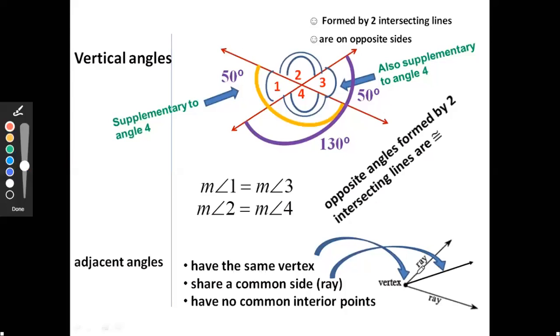Angle 1 has interior points, the region in between the two rays. That is called the interior of the angle. And then angle 2 has its interior. Those two do not overlap, so that means they could be adjacent angles. In order to be adjacent, they have to satisfy all three of those requirements.